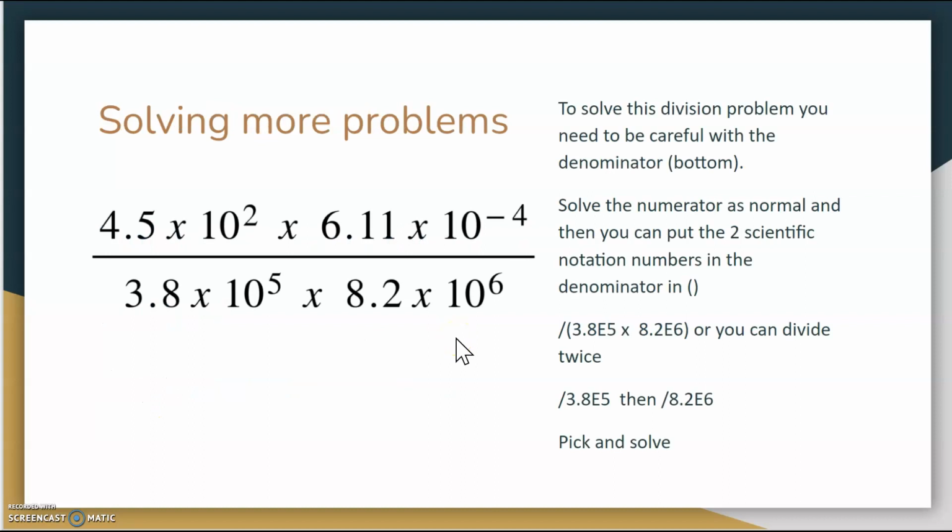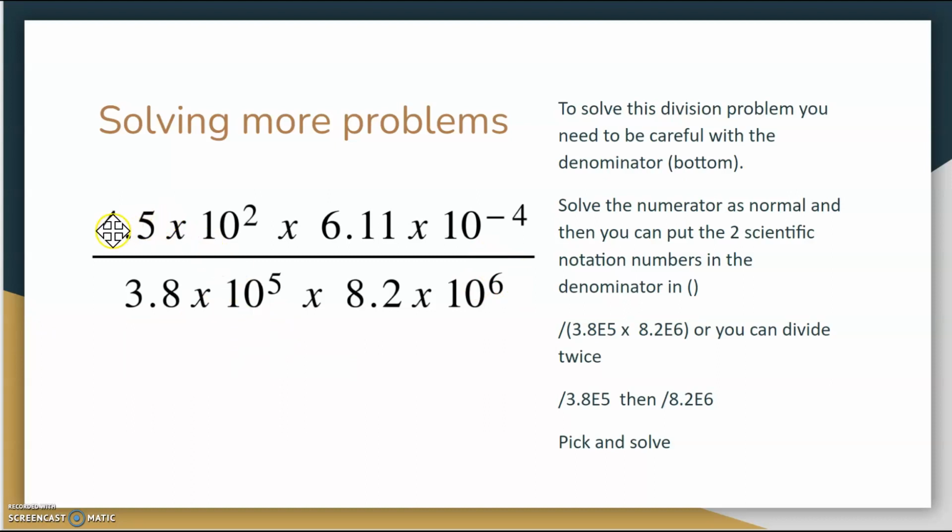So let's solve a little bit more complicated of a problem. Instead of just one number in the numerator and one number in the denominator, we have two numbers in the top and two numbers on the bottom. And now it doesn't matter what calculator you're using, you're going to have to put this bottom in parentheses unless you divide it twice.